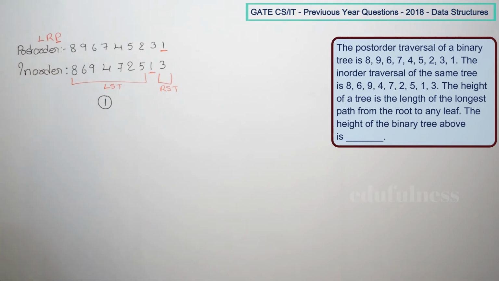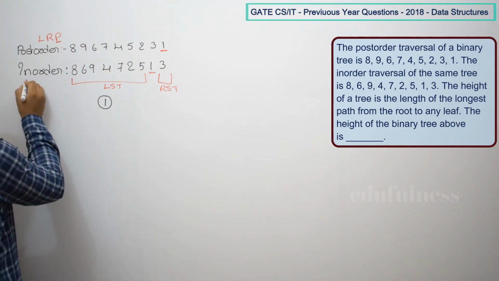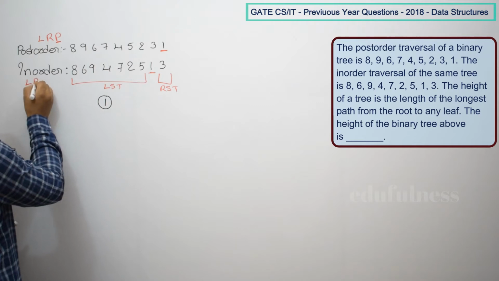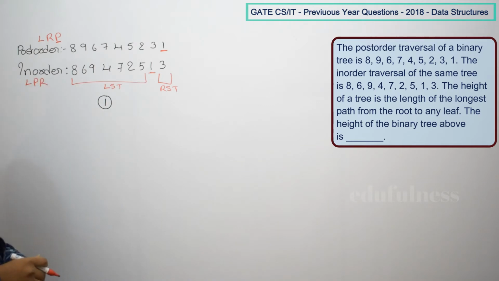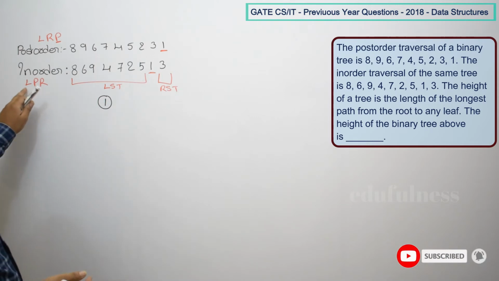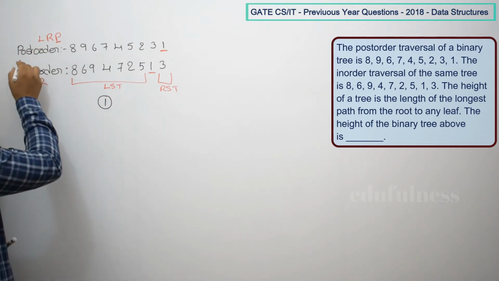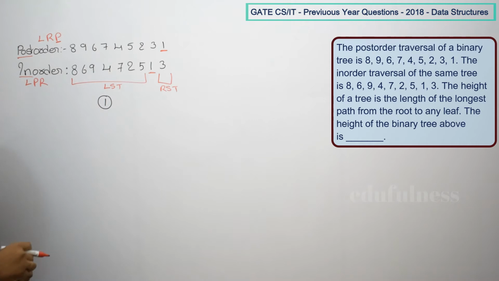Because what is in order? Left, then parent, and then right. So in talks about the parent position: in between left and right, we have the parent. After left and right, we have the parent, that is what post talks about.